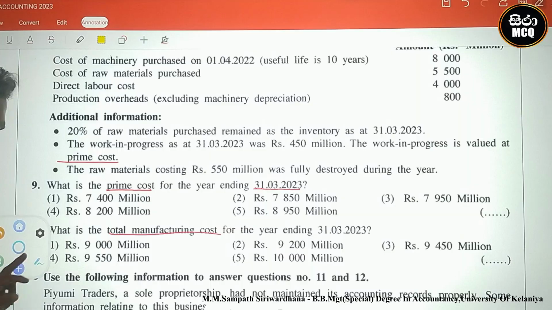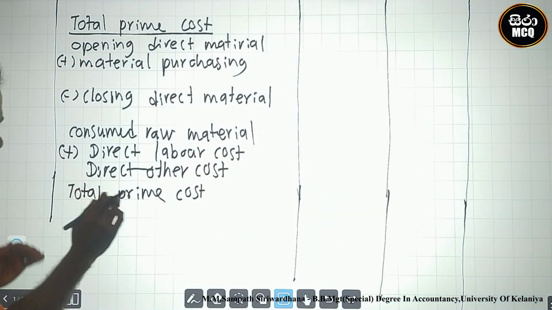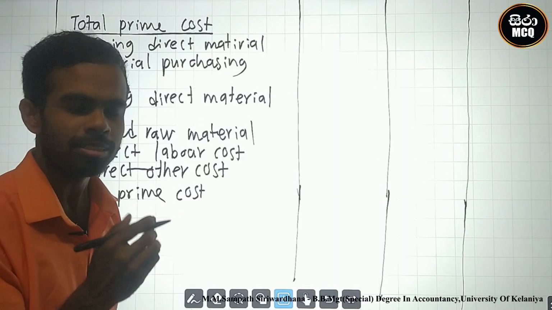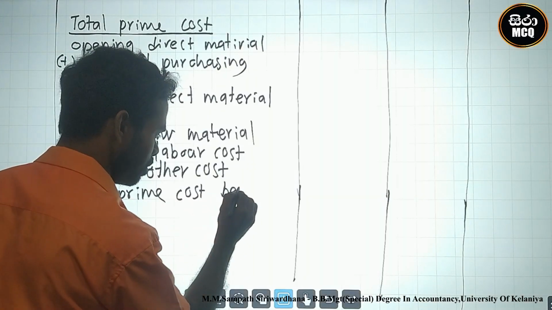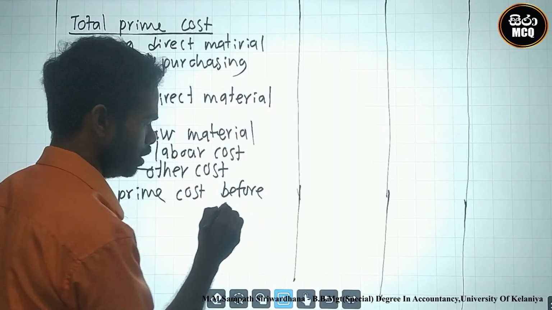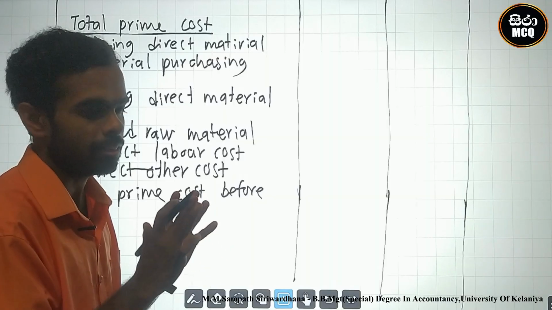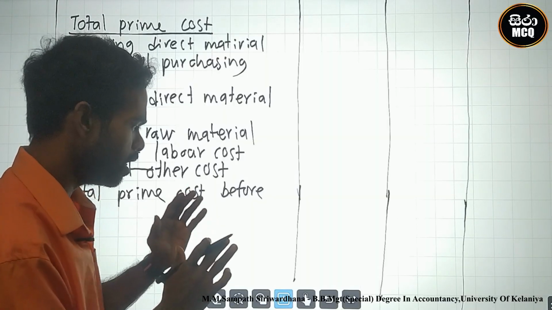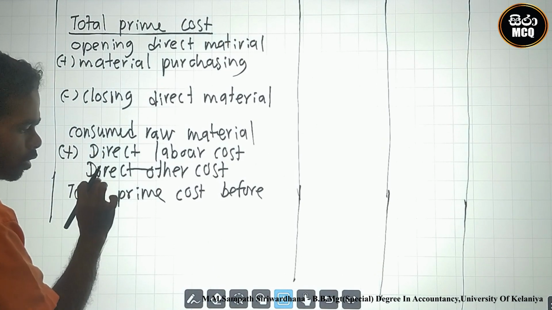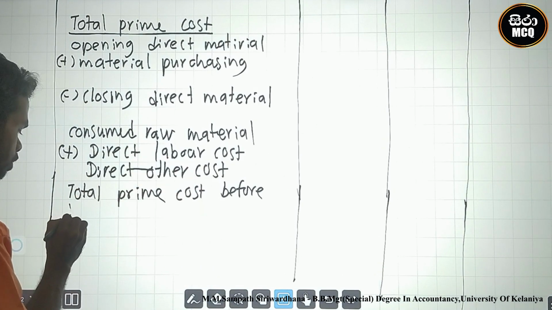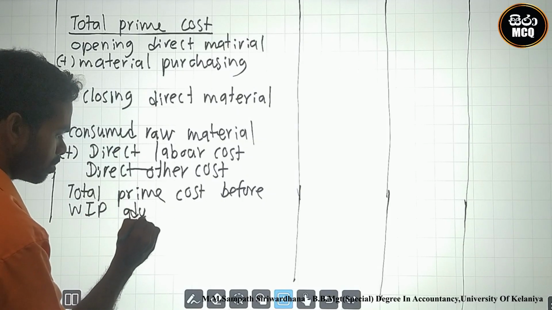Therefore there's a primary cost. This is the total prime cost before the work in progress adjustment. At this point we do not adjust the work in progress. Therefore, we must write total prime cost before work in progress adjustment.